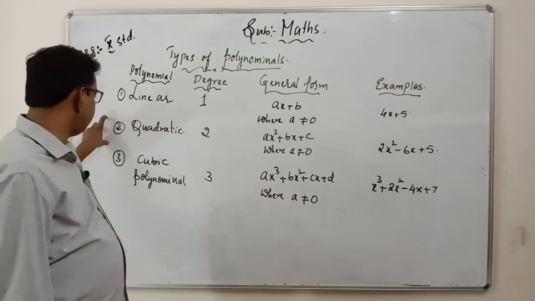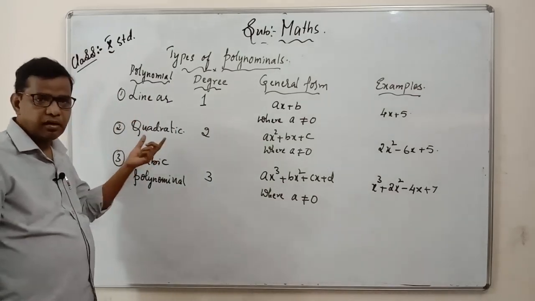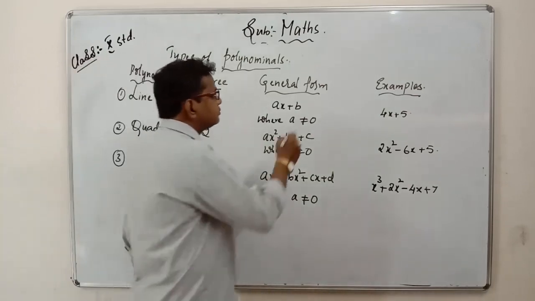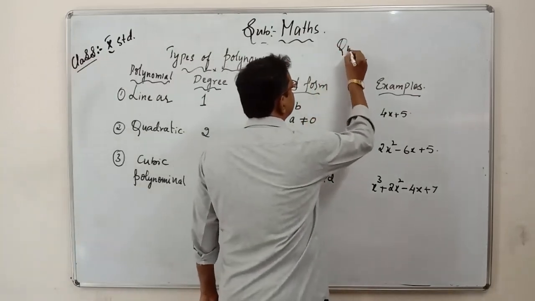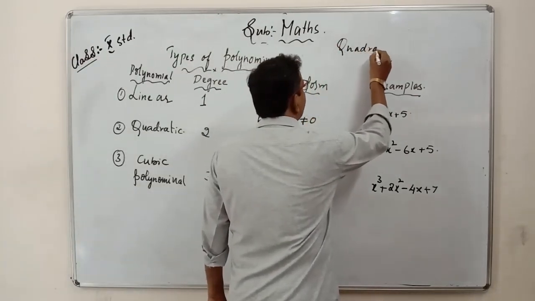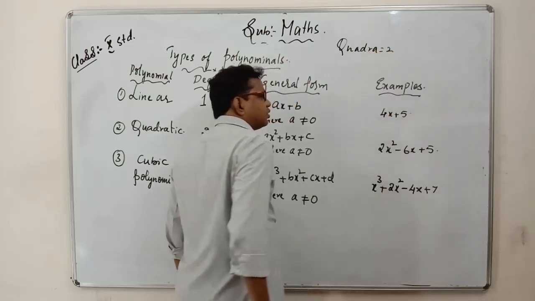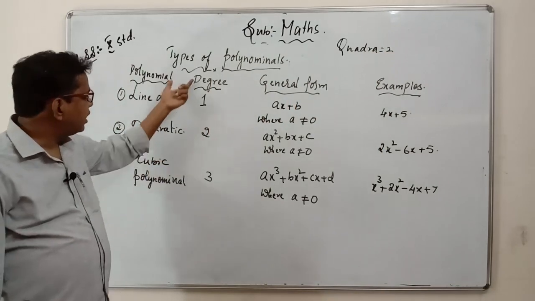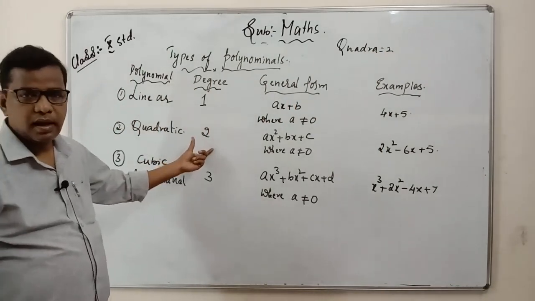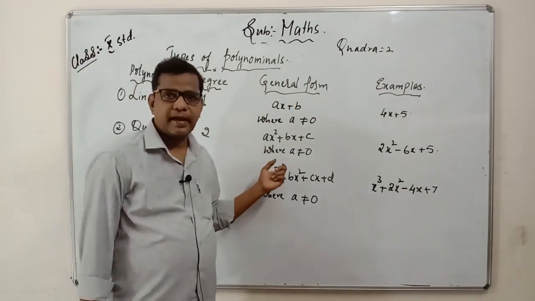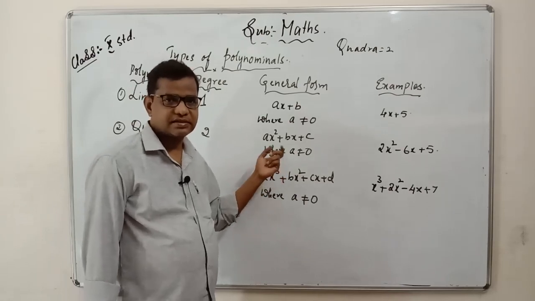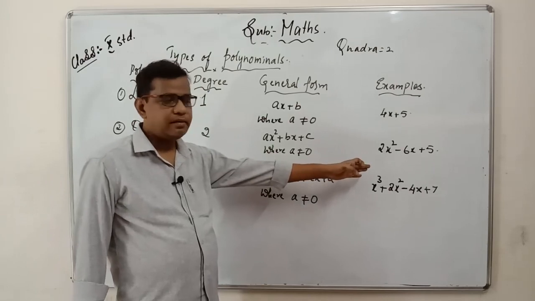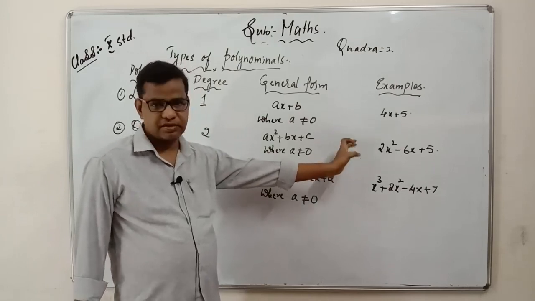And second one we have quadratic polynomial. Quadra means 2. So it is a quadratic polynomial and the degree is 2, and the general form is ax square plus bx plus c, and the example I have given is 2x square minus 6x plus 5.